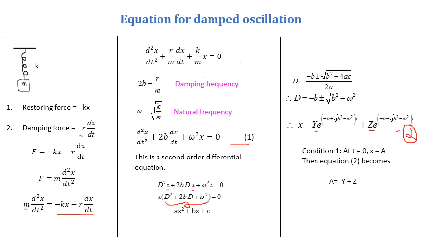The value of e power 0 is 1. So this will become y into 1 plus z into 1. Since x equal to a, we can write a is equal to y plus z.